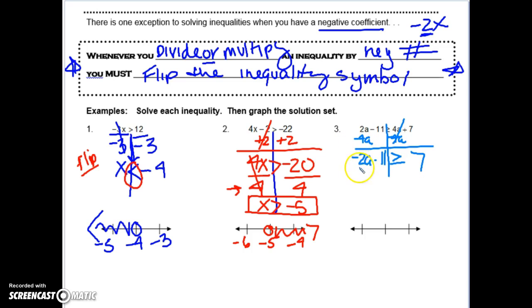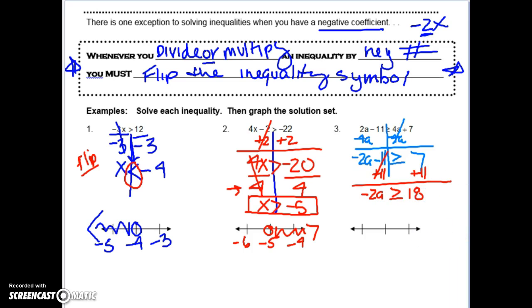I didn't multiply or divide. No flipping needed yet. So my next step, I want to try to get rid of this -11, so I'm going to add 11. I'm not multiplying or dividing by a negative, so I'm not going to flip anything. I have -2a greater than or equal to 18.